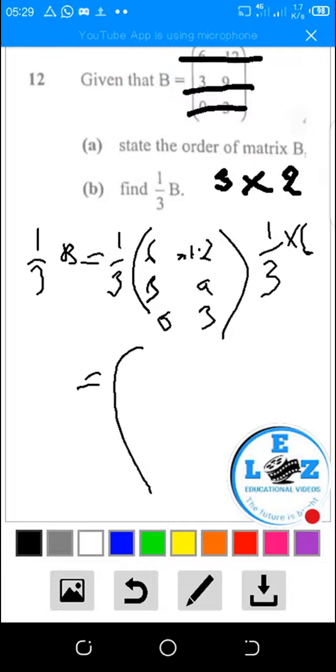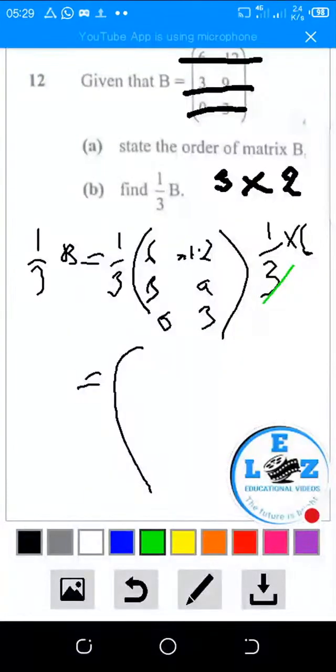So we divide 6 by 3, and 3 into 6 will go 2 times. Where there is 6 here, we divide 6 by 3, which will give us 2.